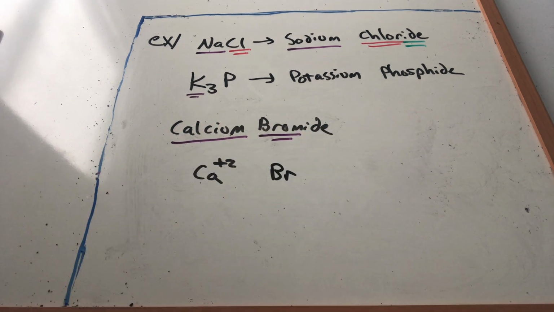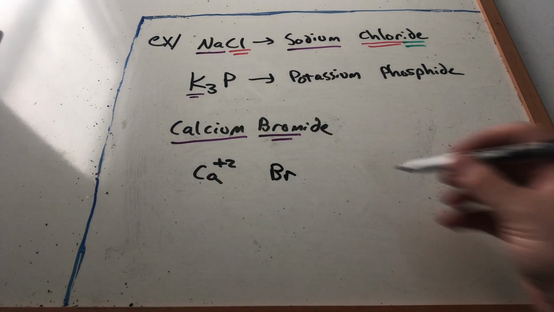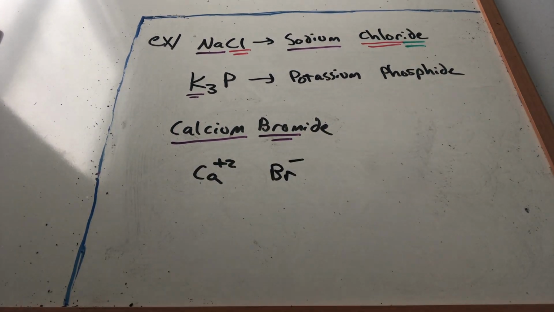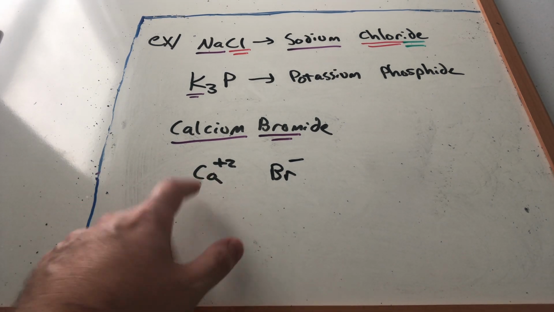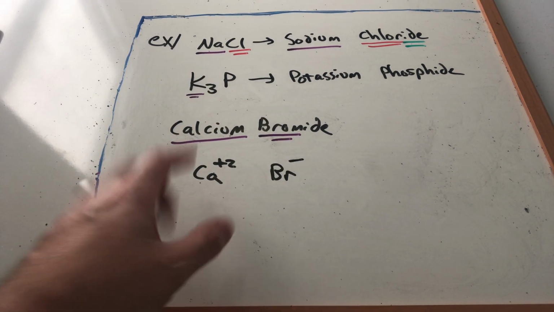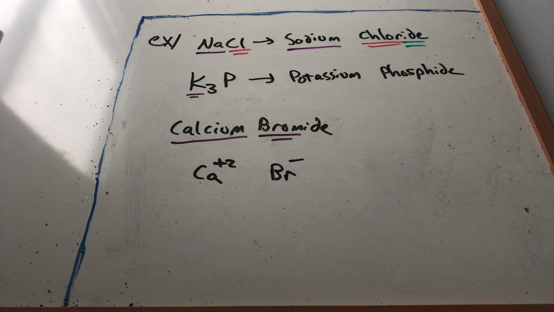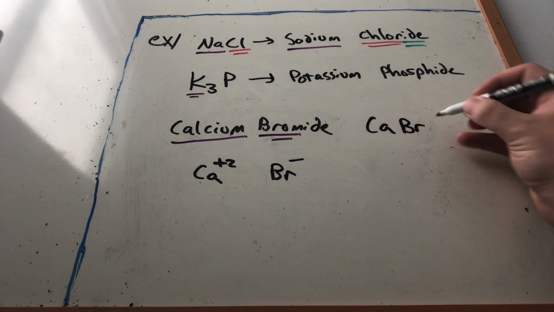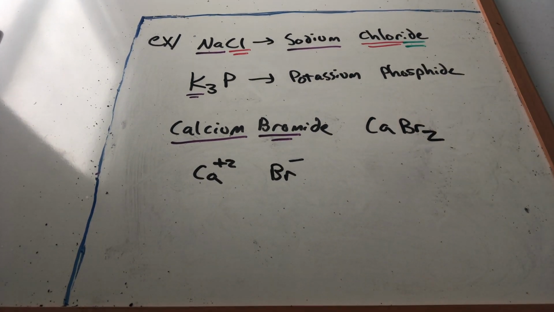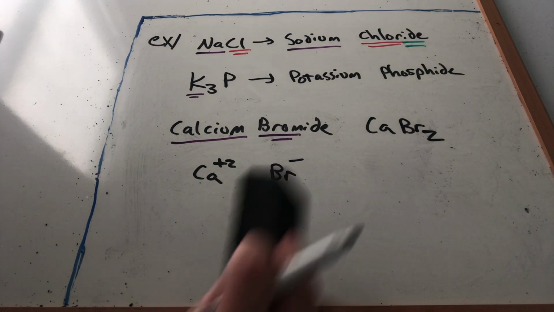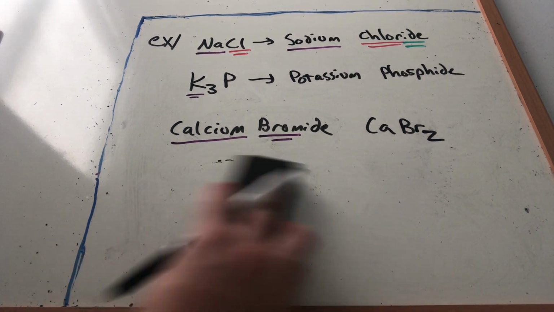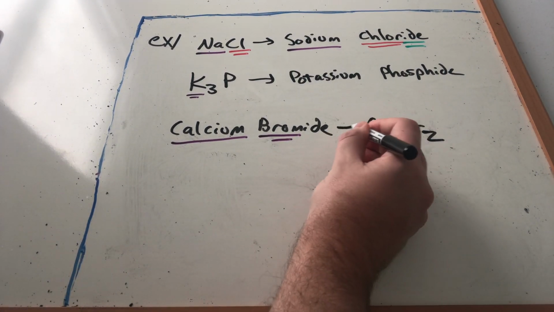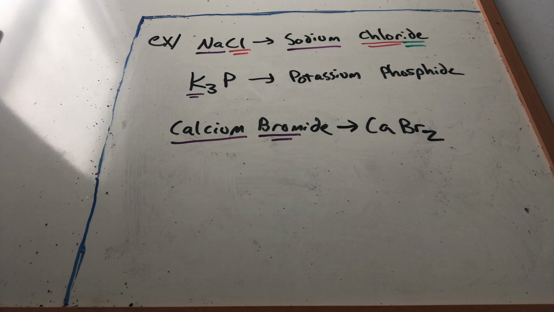Bromine we find on the periodic table as a halogen, and in group 7A, it has a -1 charge. Then you think about bringing these spheres together so that there is a balance of charge. If I have a Ca that's +2, how many Brs do I need to balance out that charge? 2. So calcium bromide, based off of balancing charge, is CaBr2.